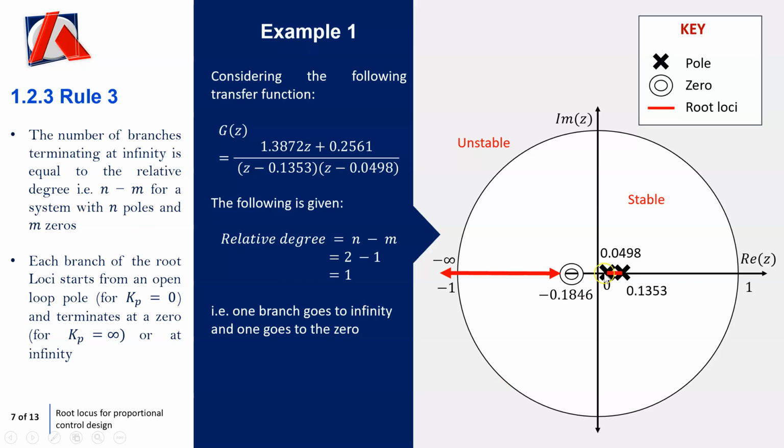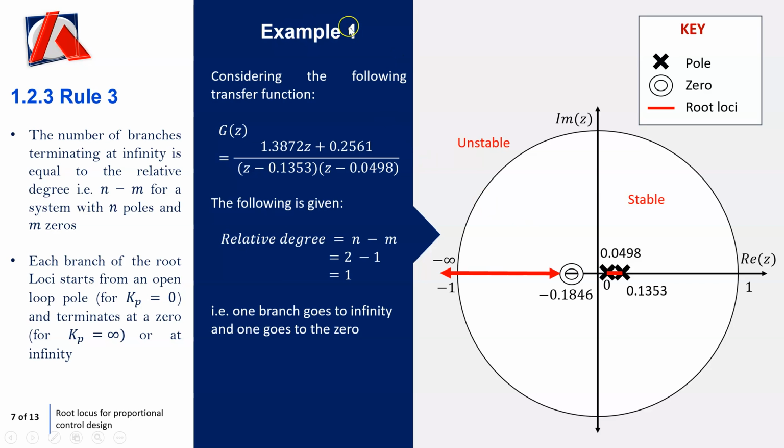Because in the case of the root loci, when you're increasing your proportional control gain, starting at Kp equals 0, what must happen is that the poles must either go to infinity or be captured by a 0. So it's either poles going to infinity or being captured by a 0, or terminating at a 0.